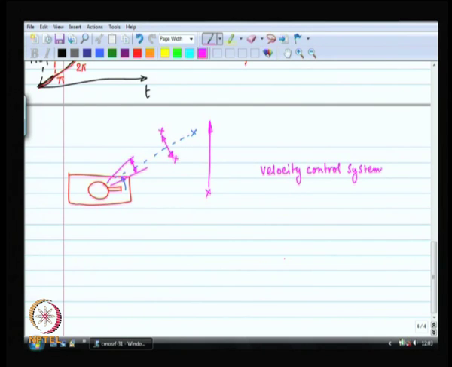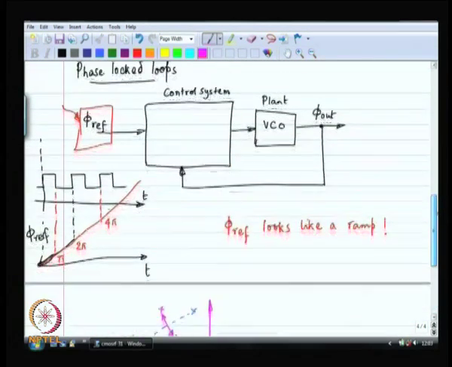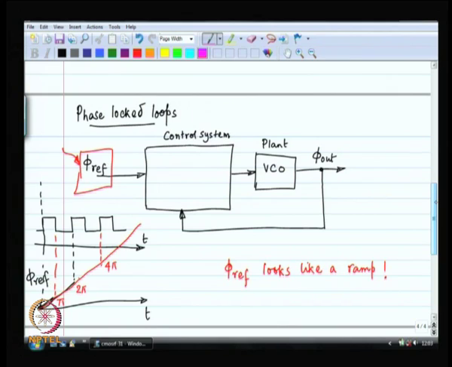Now, as far as we are concerned, the input that we are trying to track over here is continuously changing, it is a ramp. The control system that we have to build has got to be a velocity control system.